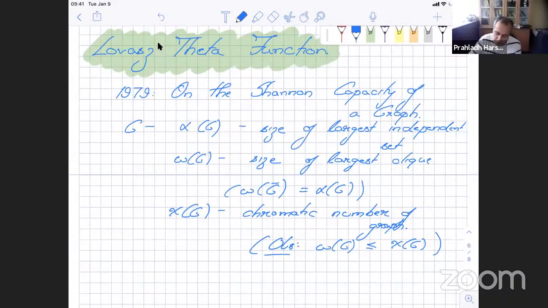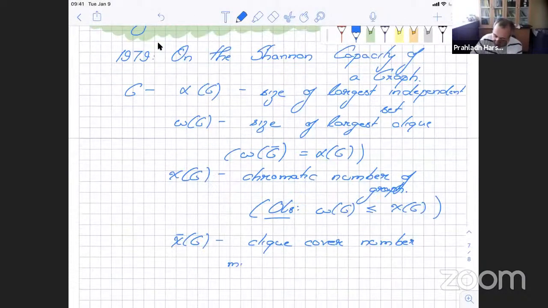Now, just like alpha of G and omega of G are for the graph and the complementary graph, we can define something called chi prime of G, which is called the clique cover number. It is the minimum number of cliques that partition the graph.